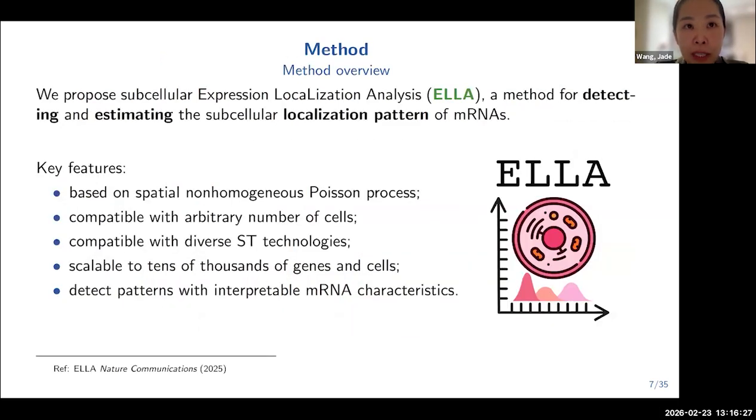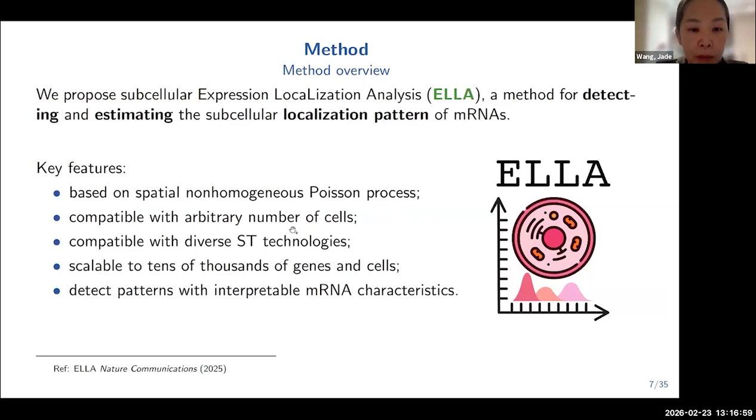So in this project, we developed a statistical method to detect subcellular localization. It's for detecting genes with subcellular localization patterns, and it can also provide the estimated pattern for that particular gene. There are a few key features. This method is based on a statistical model, the non-homogeneous Poisson process model.